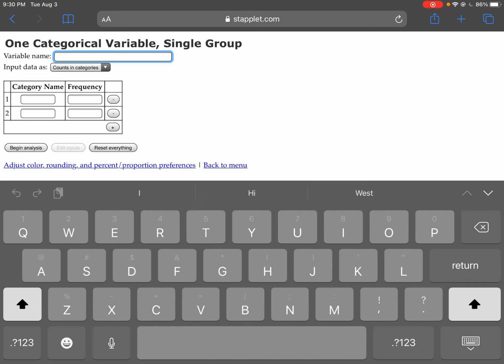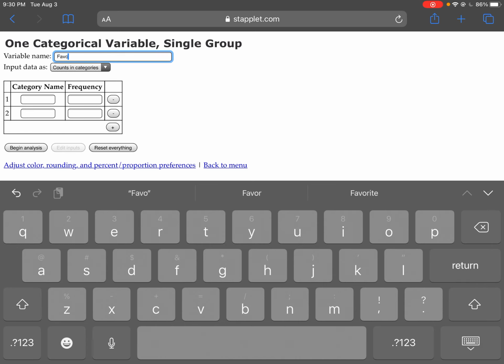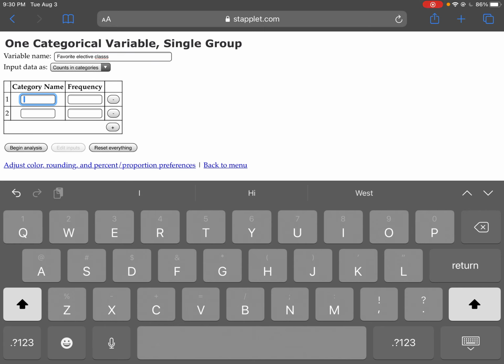We're going to type in the variable name, favorite elective class, and then we'll type in the categories.